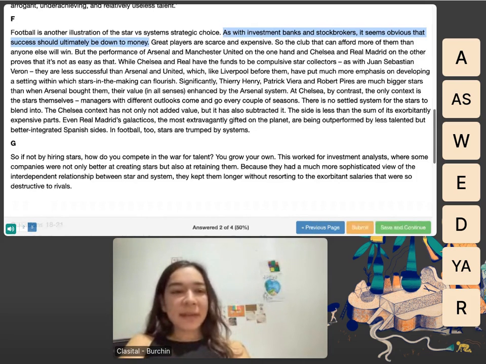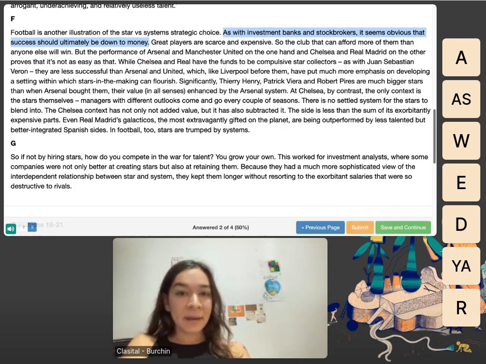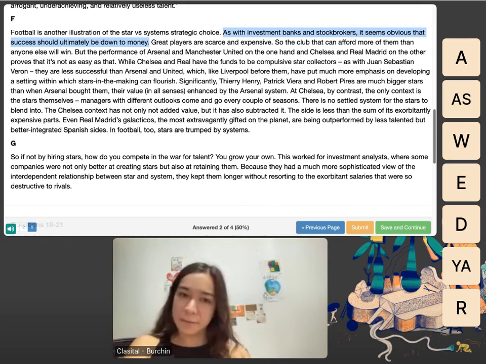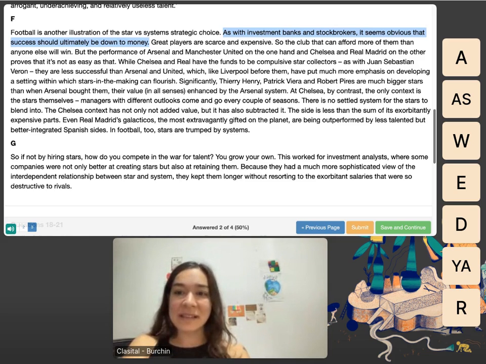It seems obvious that success should ultimately be down to money. Great players are scarce and expensive, okay, so the club that can afford more of them than anyone else will win. But the performance of Arsenal and Manchester United, on the one hand, and Chelsea and Real Madrid on the other, proves that it is not as easy as that.